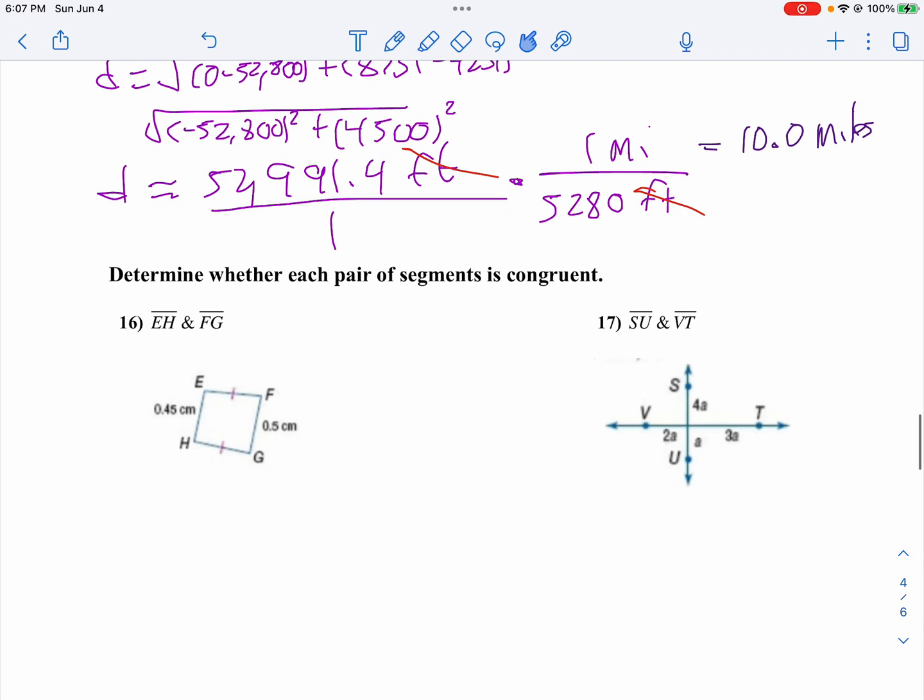Now, if you look at question number 6, are EH and FG congruent? Notice EH is 0.45 centimeters, FG is 0.5 centimeters. Maybe I'll write that down. EH is 0.45 centimeters.